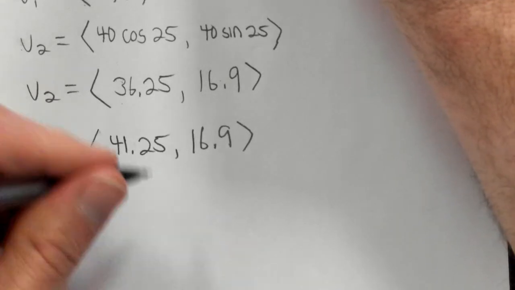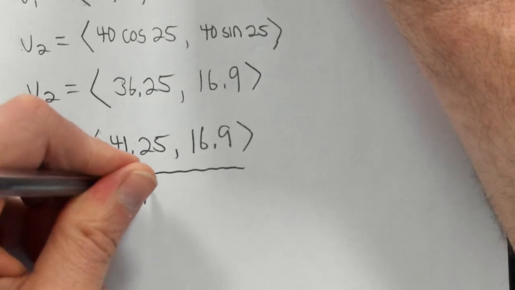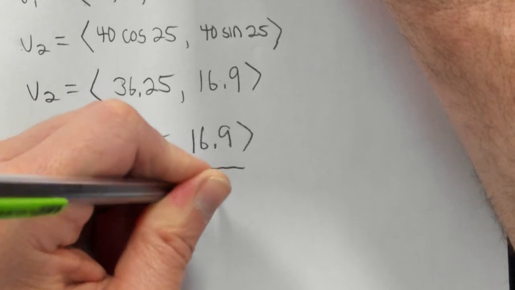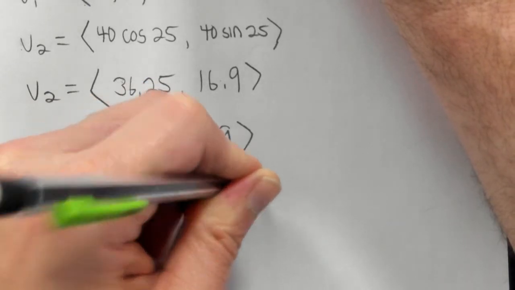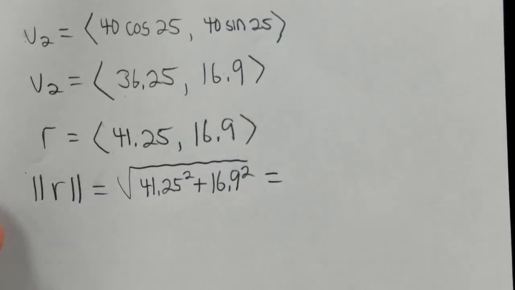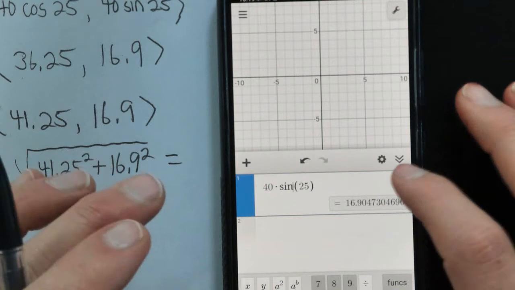How do I find magnitude? Square root of 41.25 squared plus 16.9 squared. All right. So let's see what that turns out to be. So we will go clear that off.